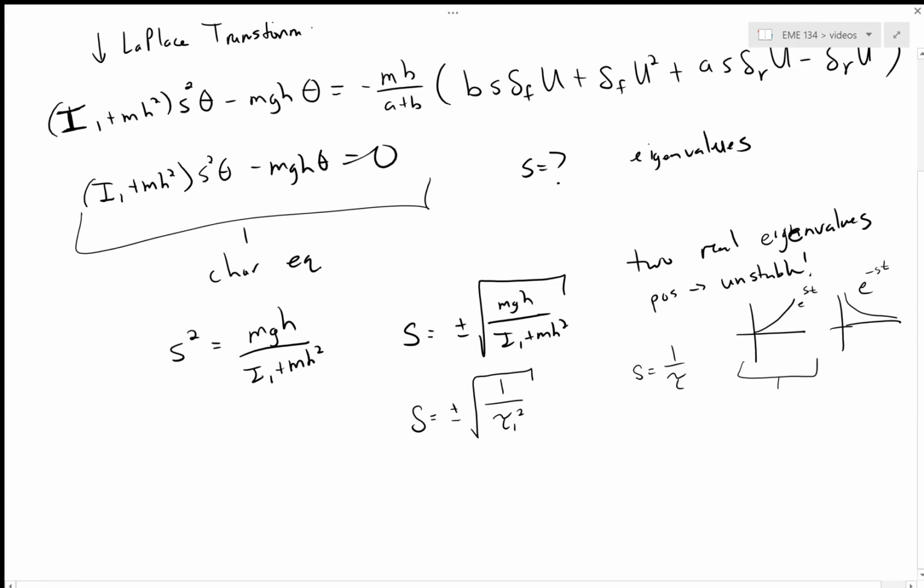If I write this like that, then tau 1 squared equals (I1 plus mh squared) over mgh. So I'm going to make that substitution. So we just work with this tau, and we'll bring back in I, mh, g at later points, just to simplify the algebra, and it'll allow us to think about the system in terms of just this time constant representation. All right, so those are the eigenvalues of the system. That's the left-hand side. We got the characteristic equation.